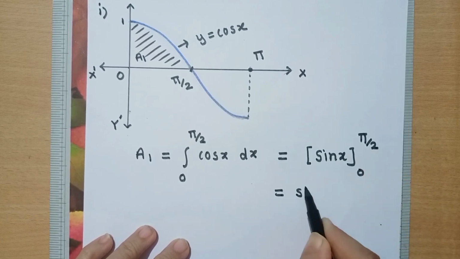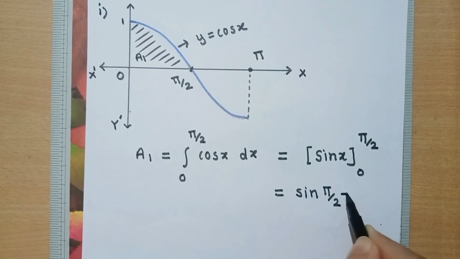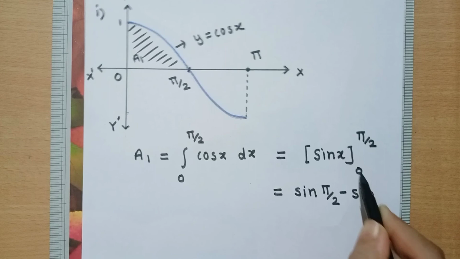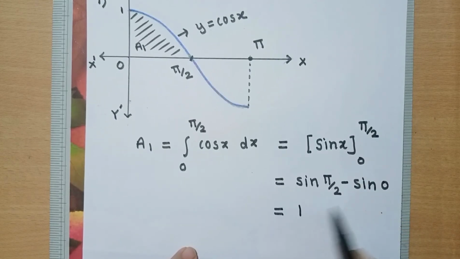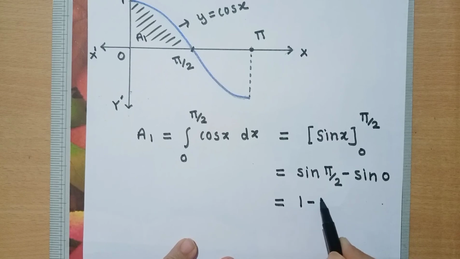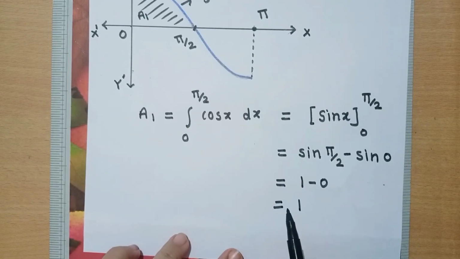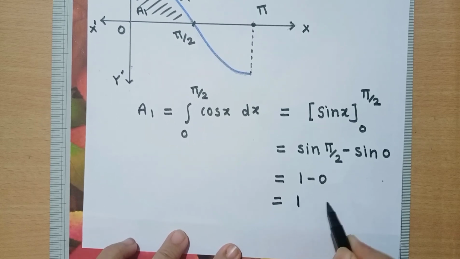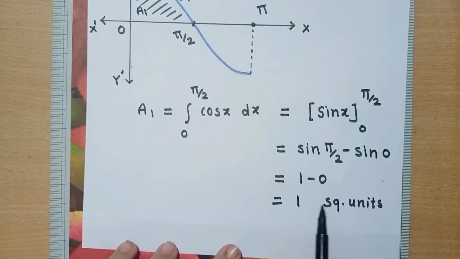Substitute the upper limit first: sin pi by 2 minus sine of the lower limit 0. Sin pi by 2 is 1 and sin 0 is 0, so this is equal to 1. Since this is area, we have to write the unit also, which is square units. So the answer of the first one is 1 square unit.